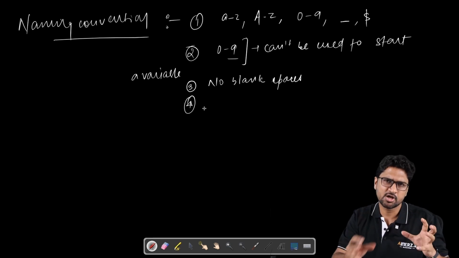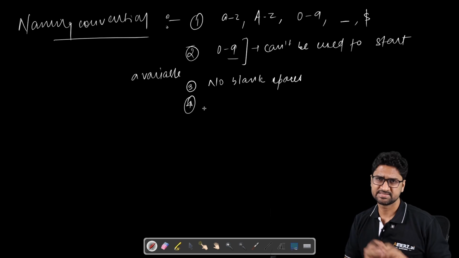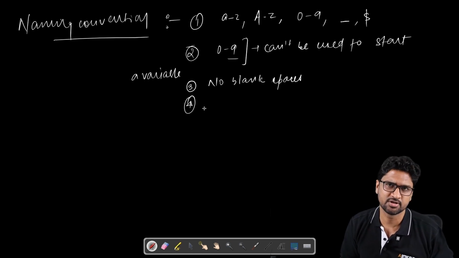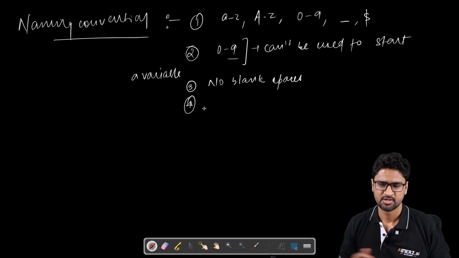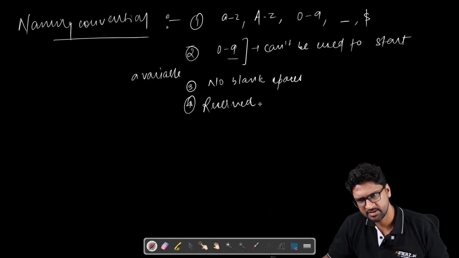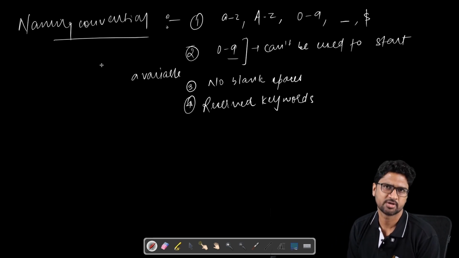There are multiple reserved keywords which have a special meaning in Java. Java says use any name, but please don't use these reserved keywords. Again, you don't need to mug up all these keywords. As we make progress, we'll do enough practice so that it is in your mind.